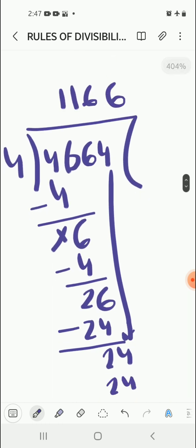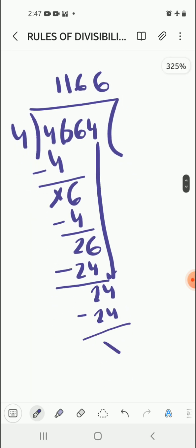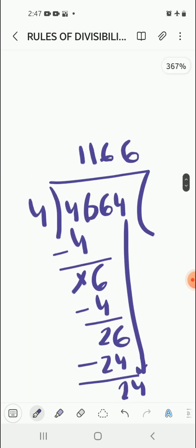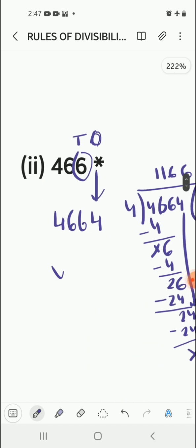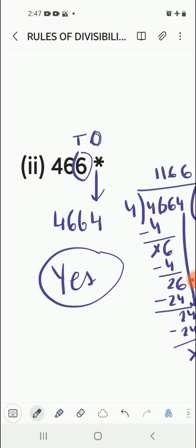Therefore, we can say that it leaves no remainder, so we can conclude that yes, it is divisible, hence it is proved. So the smallest digit that we get is 4.